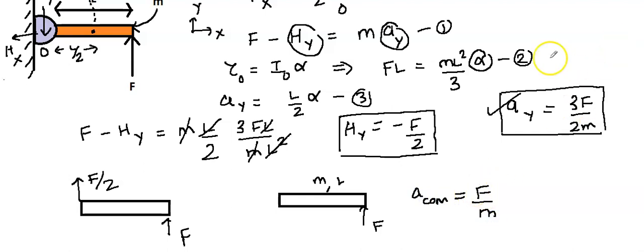And with the hinge, the rod is experiencing an acceleration of 3F by 2m, which is more than F by m. Something is not right, because the hinge seems to be pushing the rod, accelerating the rod more than the case without a hinge. I am not able to think of an answer for this.